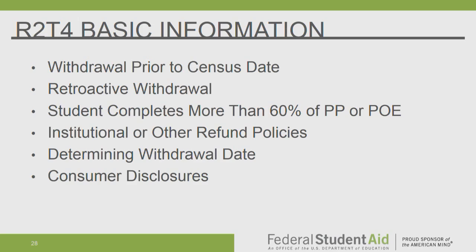Determining withdrawal date, like I said earlier, you should use the best date. Consumer disclosures, you should have disclosures on your website, or you should let the student know your return of Title IV calculation, what will happen to their Title IV funds if they withdraw, or your return policy, or where they will withdraw.